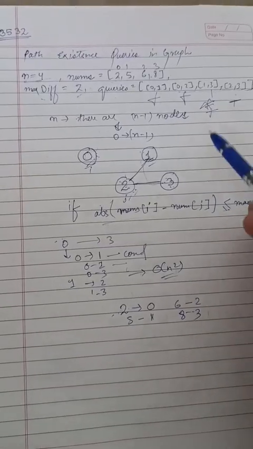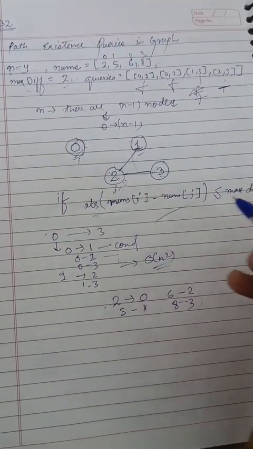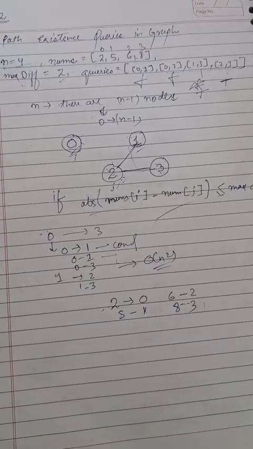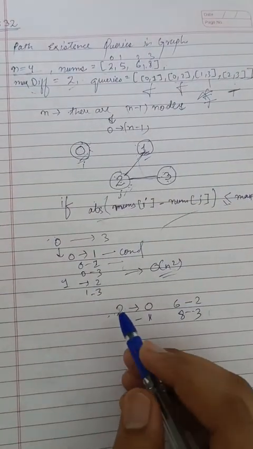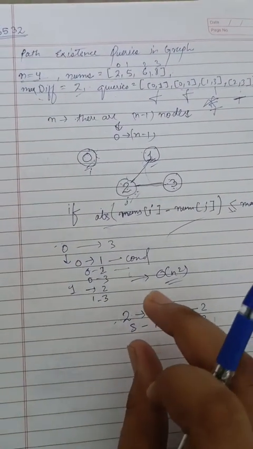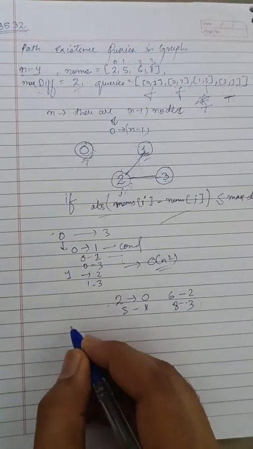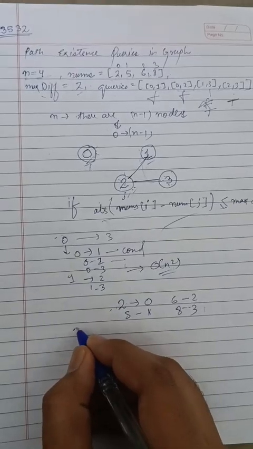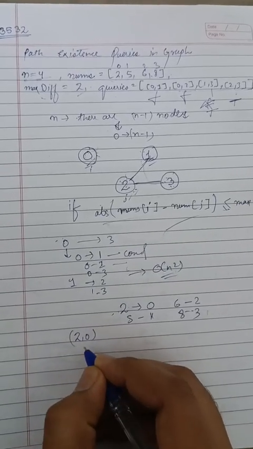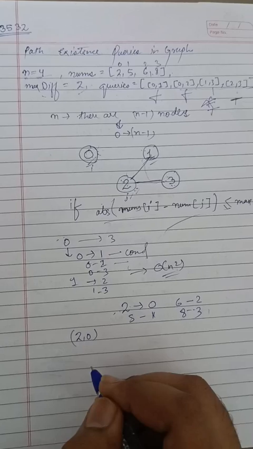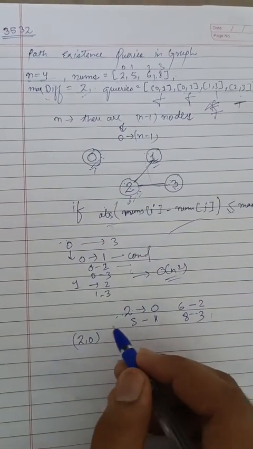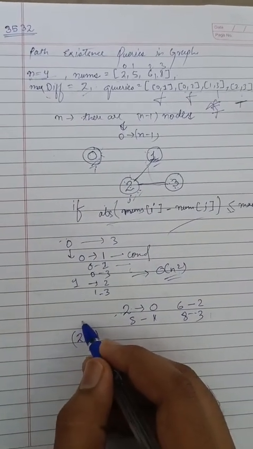If it qualifies the criteria, the condition, then I will make both of them a pair, right? Like if I take out 2 comma 0, let's say, then let's make it a group. It is itself a group.